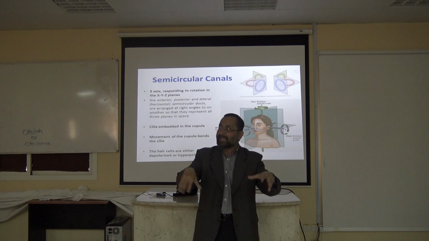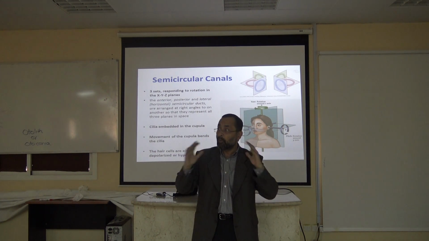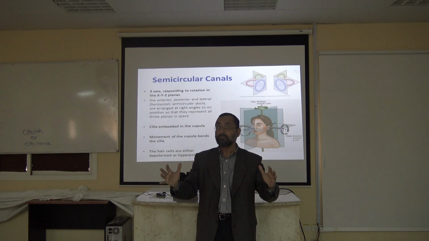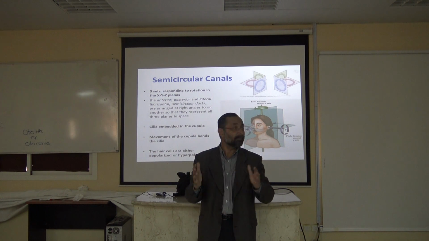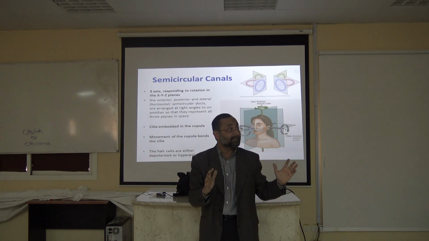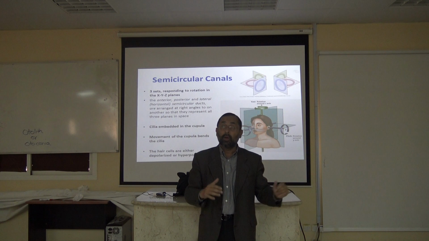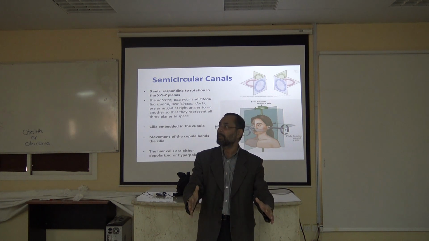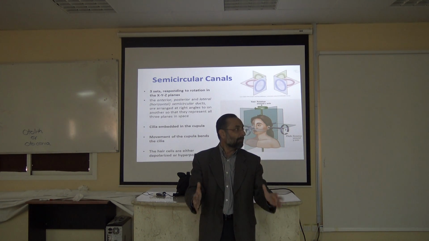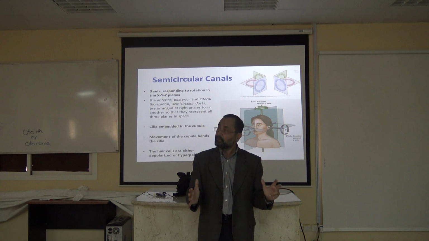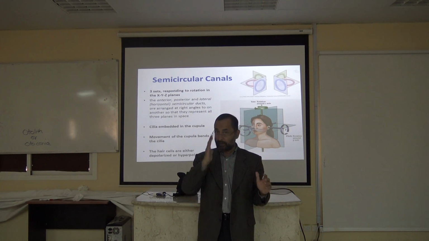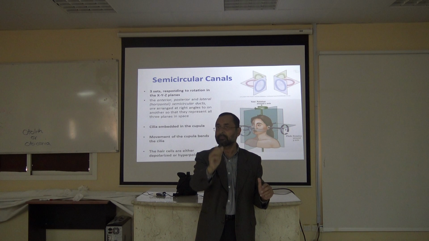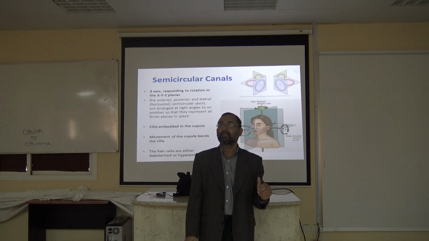When you are maintaining equilibrium in motion, then most of the job is done by the semicircular canals. Not 100%, most of the job. Okay? When you are in the static equilibrium, static position, main job is done by the utricle and saccule. Okay? When you are moving straight, then it is alright. Maculae are working.